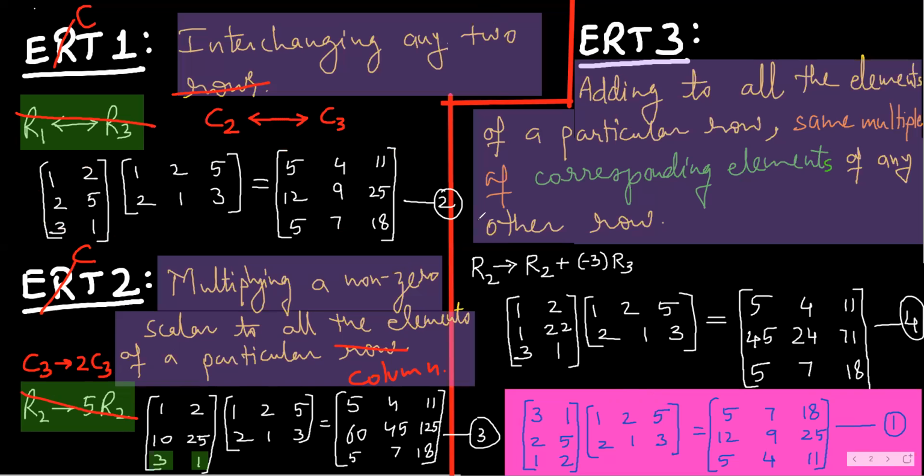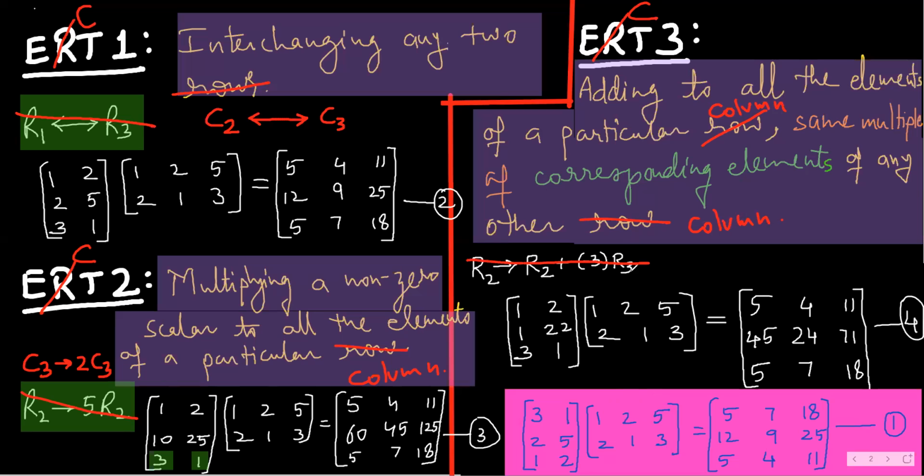But before I actually do, I'm just making you understand that once you have understood ERT, ECT is nothing difficult. That is what I want to make you understand. So see, this is ECT3: adding to all the elements of a particular column, the same multiple of corresponding elements of any other column, and that is ECT.